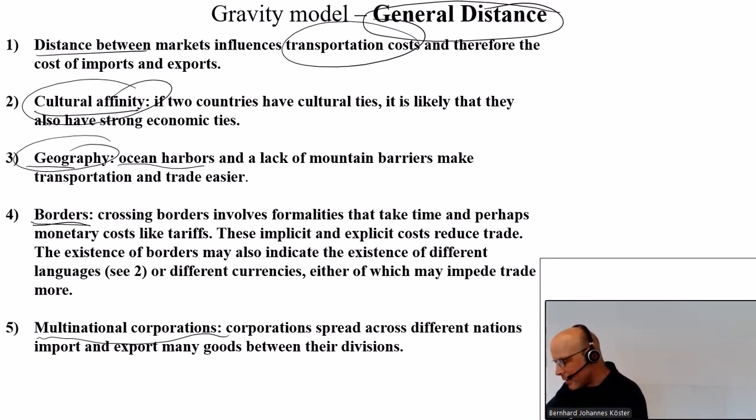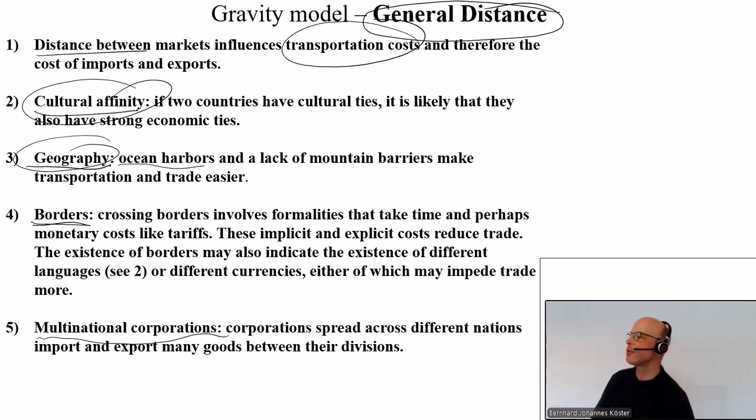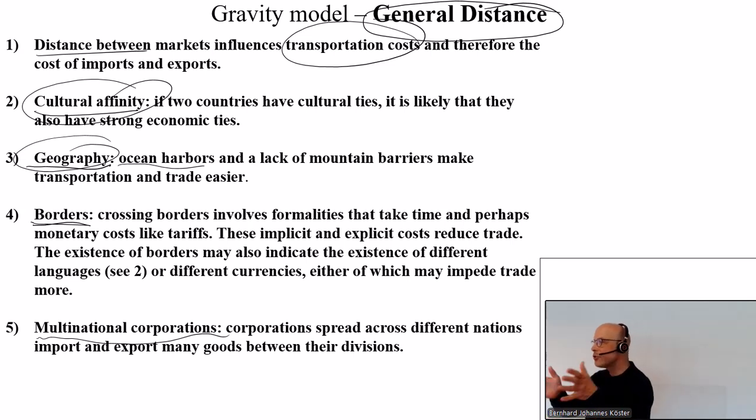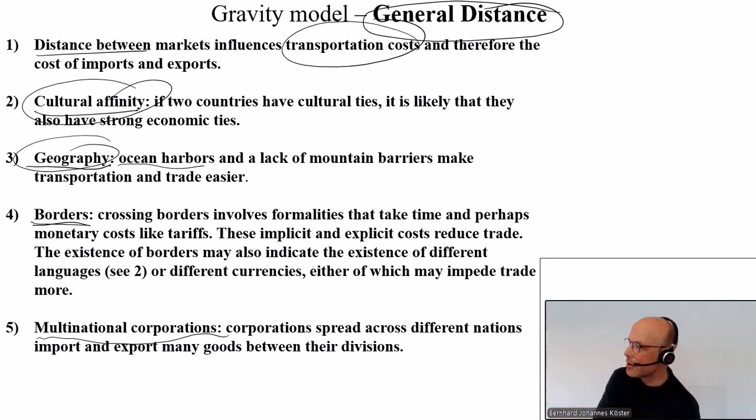Geography, there we had the example with the Netherlands and the United States. In general in geography, if you look at two countries which are distant neighbors, but you find high mountains in between, this is of course hindering the trade relations.